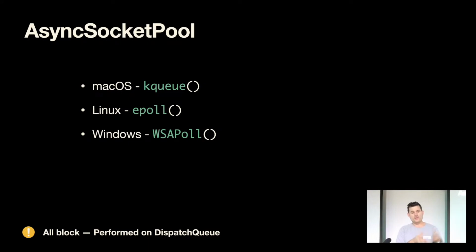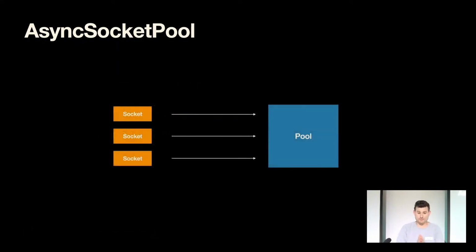And then all these system calls all block as well. So while we've done our best to kick this blocking concept, or avoid blocking as much as possible, we've almost now got to the end of the line, and we've got these blocking calls we have to make just to be notified. So what FlyingFox does is it uses a dispatch queue to do that final blocking call to notify that there's data available on the sockets.